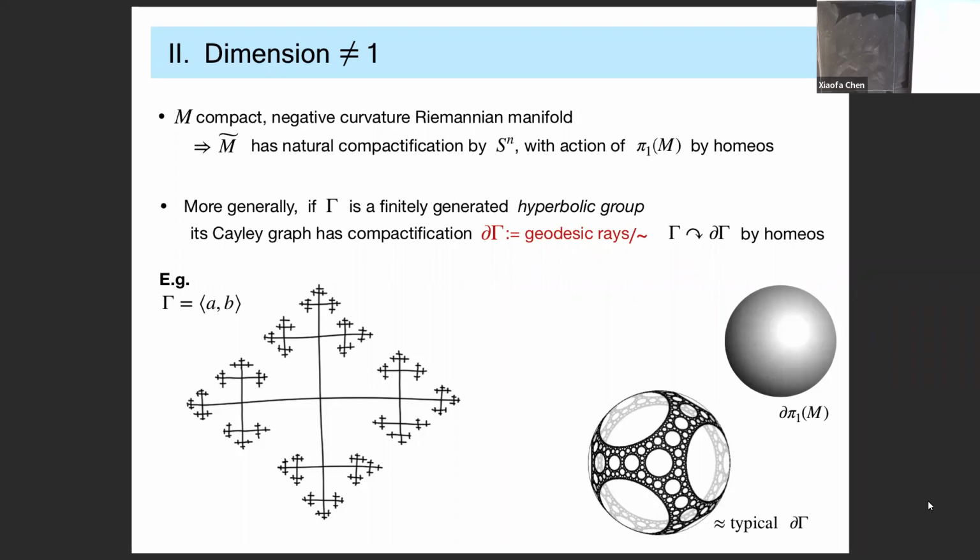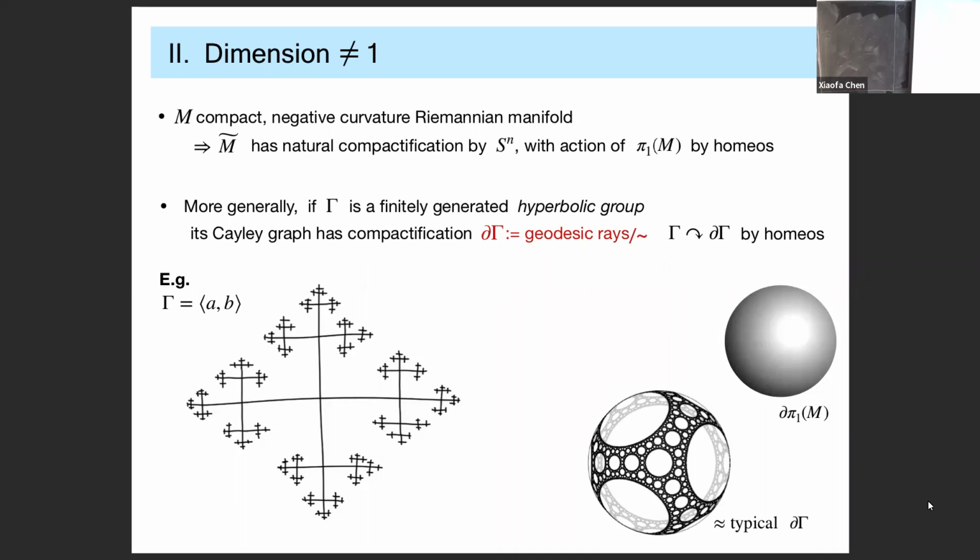And the definition of hyperbolic is cooked up so that the action of the group on a Cayley graph by left multiplication extends to an action on the boundary by homeomorphism. So a geodesic might not go to a geodesic, but it goes to something close to a unique geodesic. So you can assign it an equivalence class.